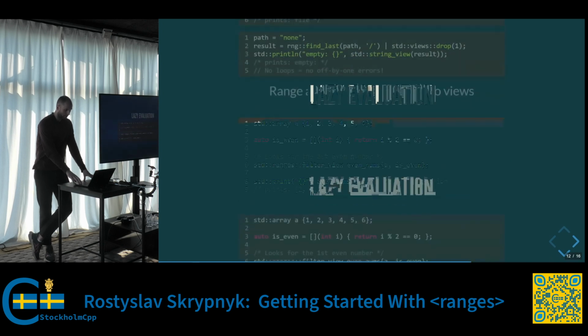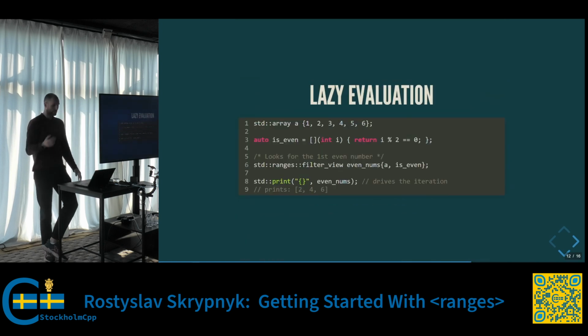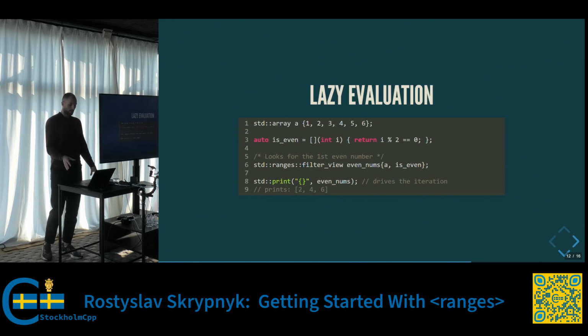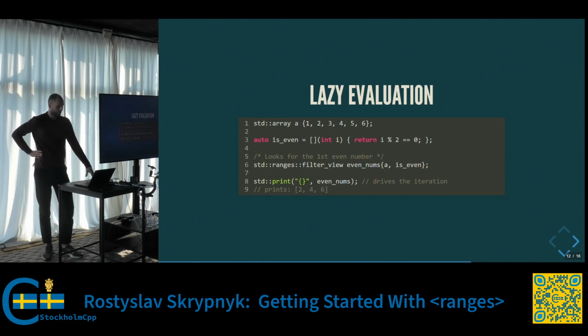Yes. Now we come to this lazy evaluation. Let's say we have a collection and we want to find the even numbers, or only the even numbers in that collection. So we create a lambda that tells us if it's even or not, and we create a filter view.